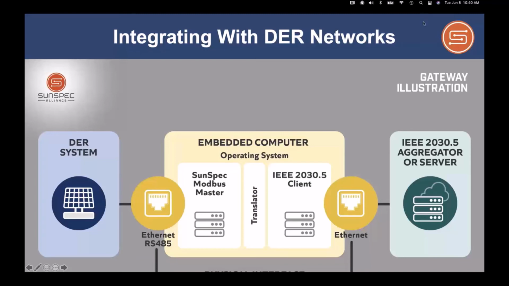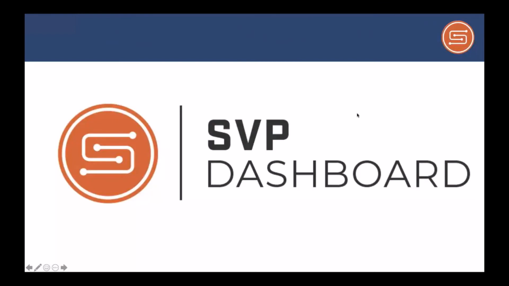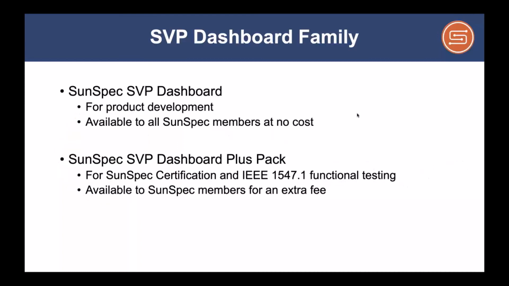Okay, and with that, let's go on to the next step and get into the SunSpec SVP Dashboard. We'll have more chance to answer more questions as we get towards the end here. All right, so the SunSpec SVP Dashboard family has two members currently. The dashboard itself is used primarily for product development, so by software developers.